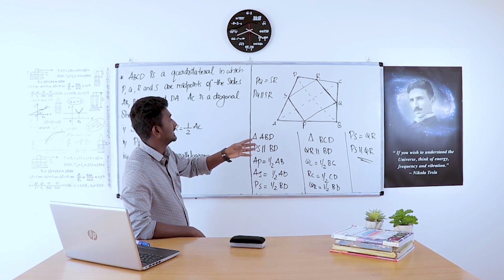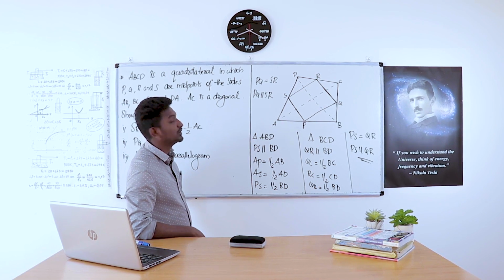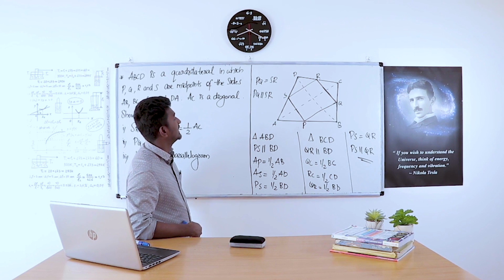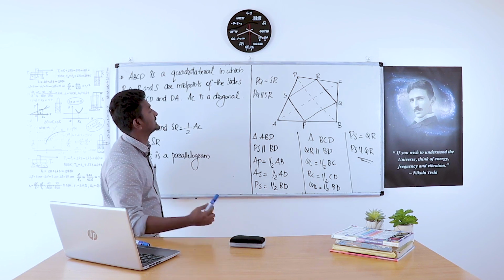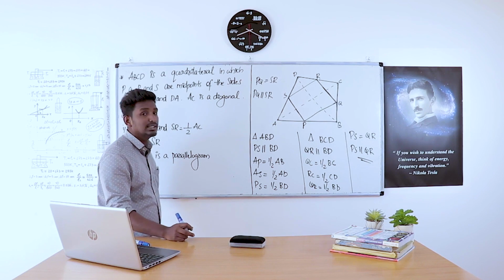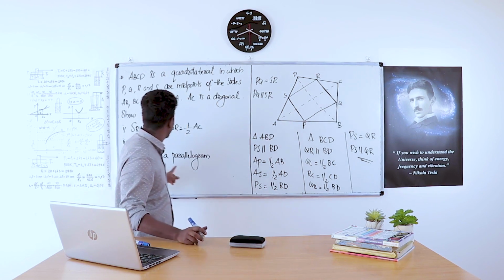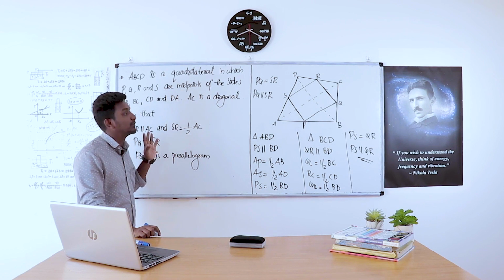Again, PS is equal to QR and PS is parallel to QR. The next pair of opposite sides are equal and parallel. So all the opposite sides are parallel and equal. Then we can say that PQRS is a parallelogram. That's the third question: show that PQRS is a parallelogram.